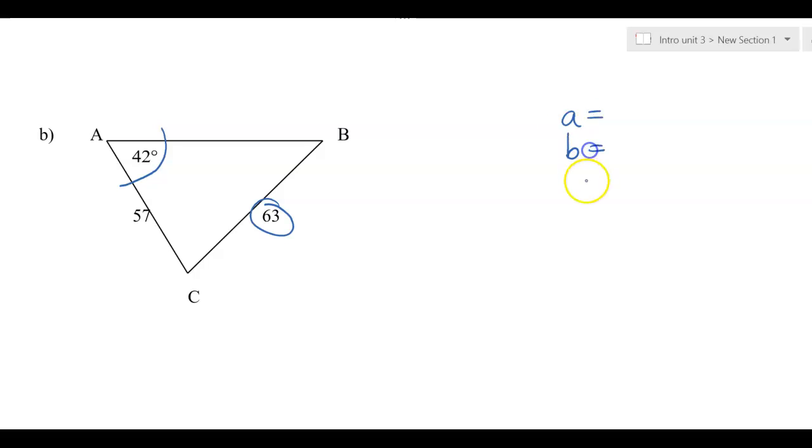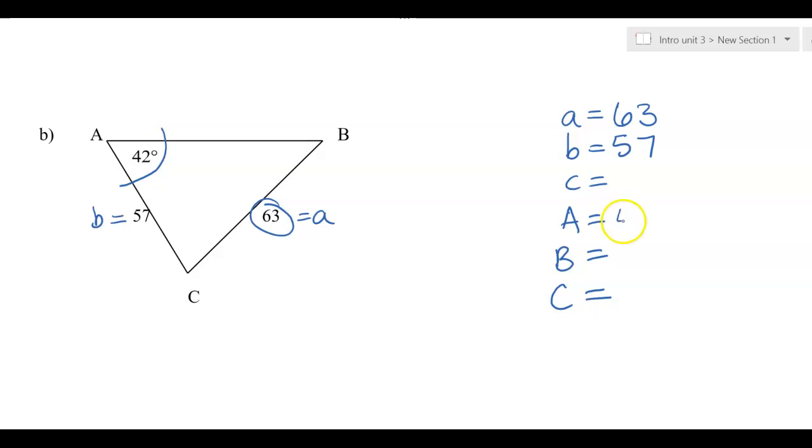We're looking for the three sides and the three angles if we're solving. And we know little b is 57 and little a is 63. We know that angle A is 42 degrees, and we have no other information. So in this case, we don't have a lot of options.